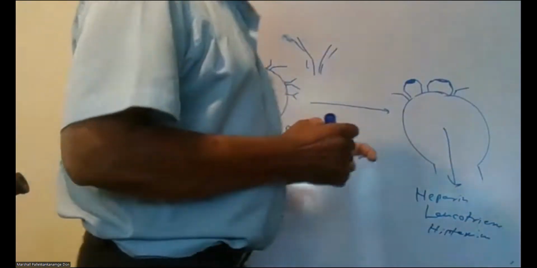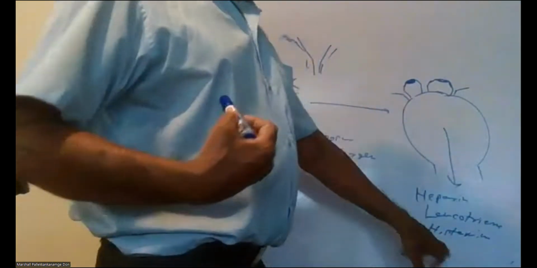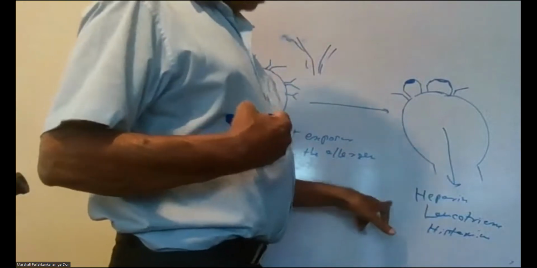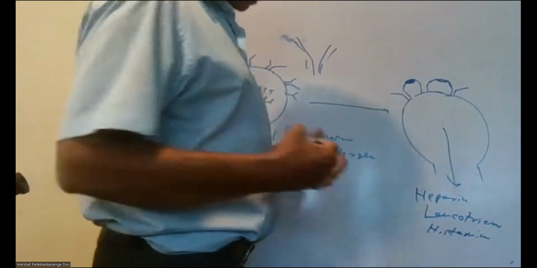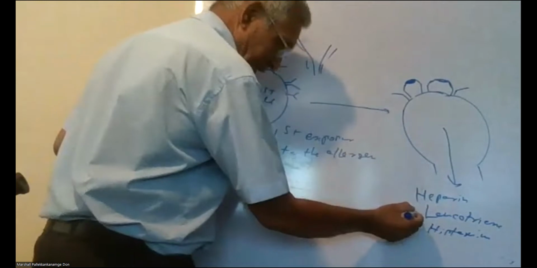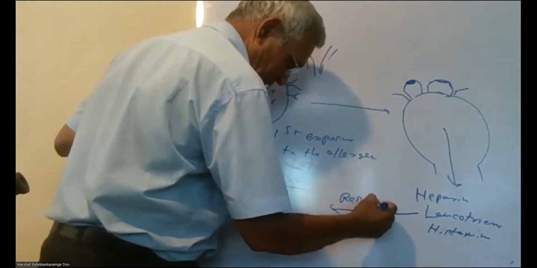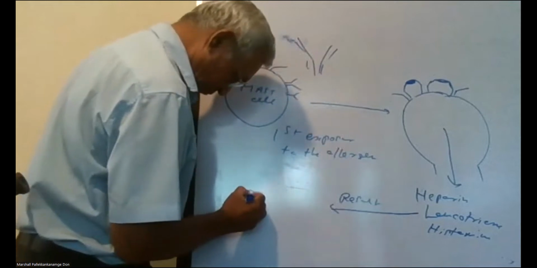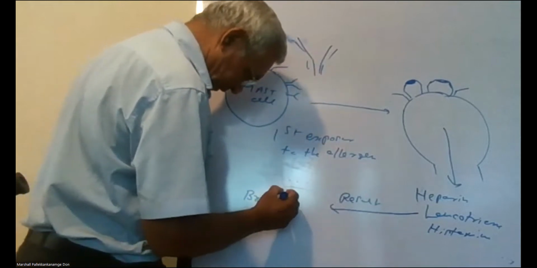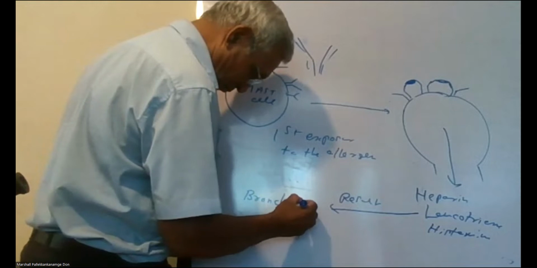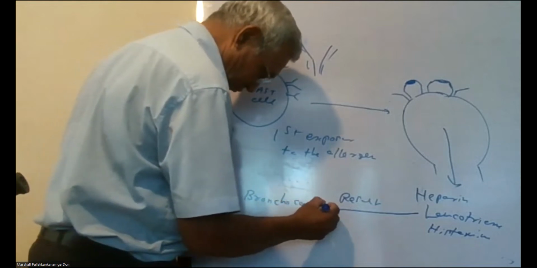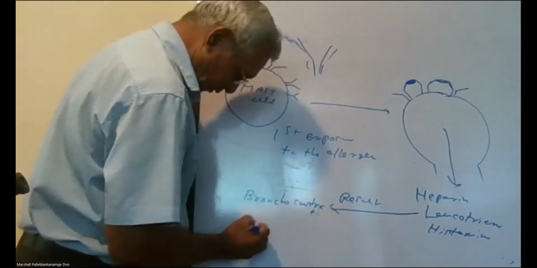These cause the anaphylactic shock. The result is bronchoconstriction and vasodilation.